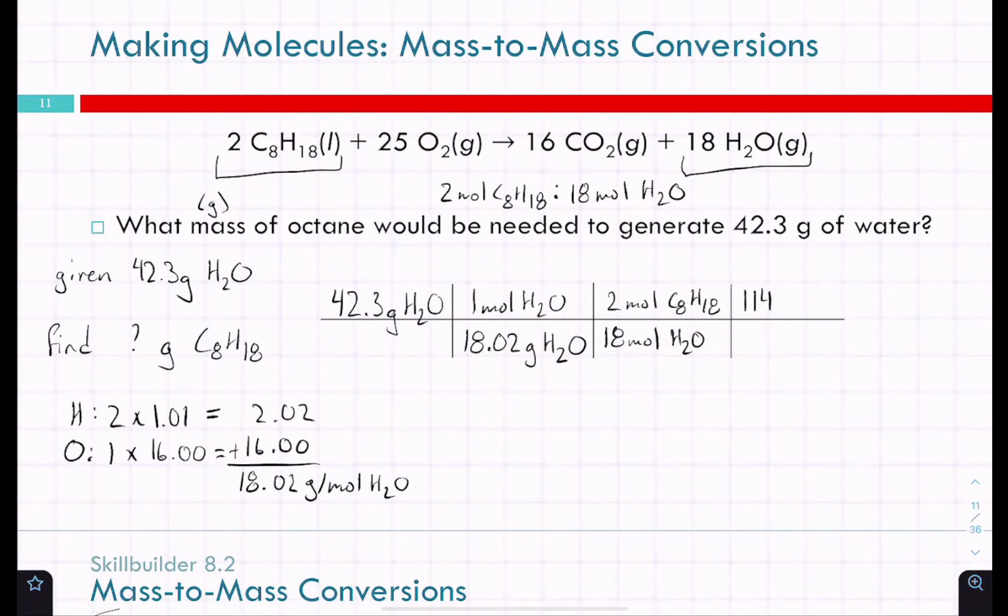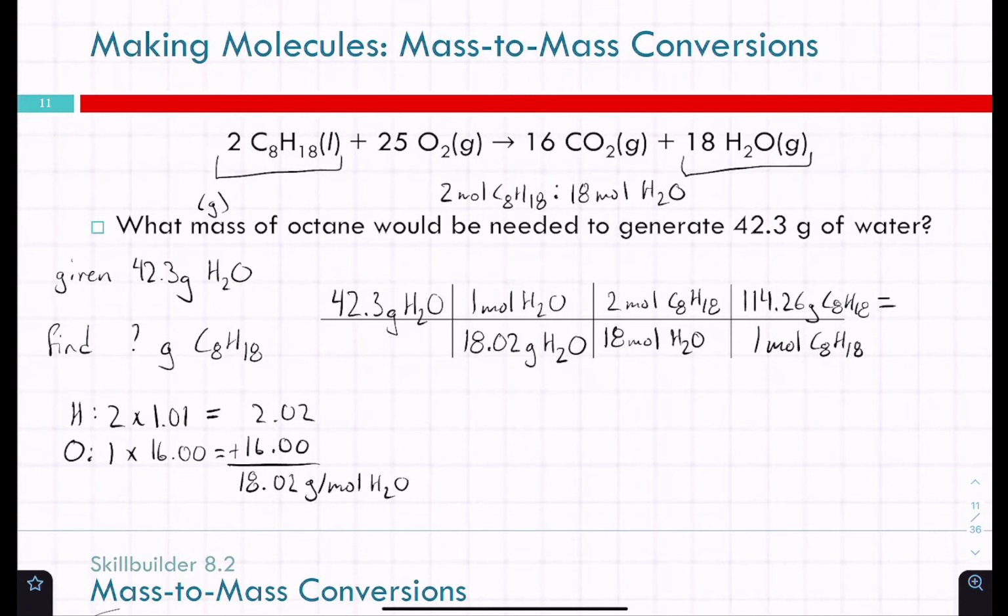So it's going to be 114.26 grams of octane for 1 mole of octane. And that's our last step, right? Because now our units match what the question is asking for.